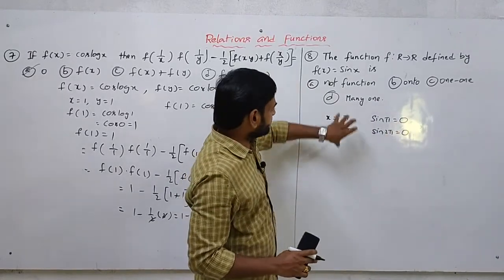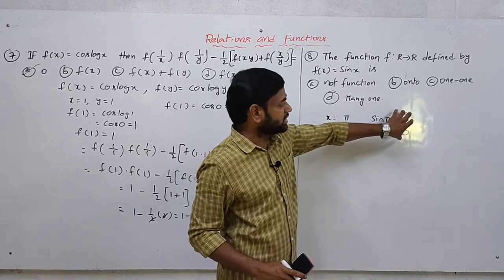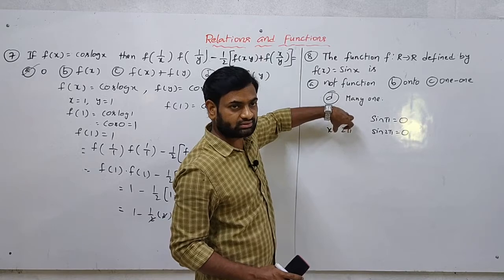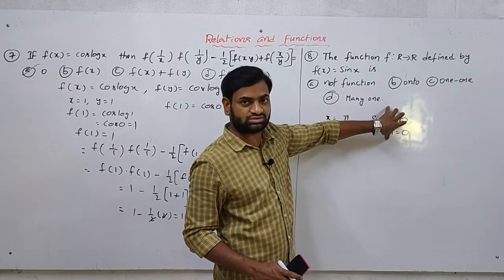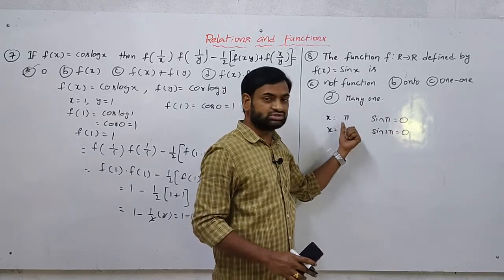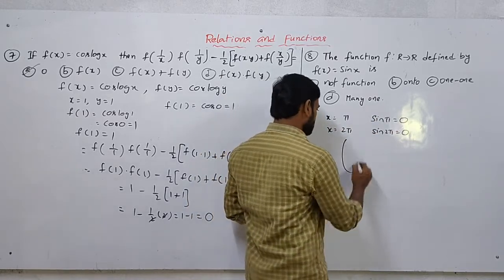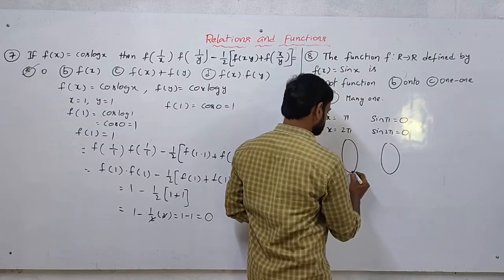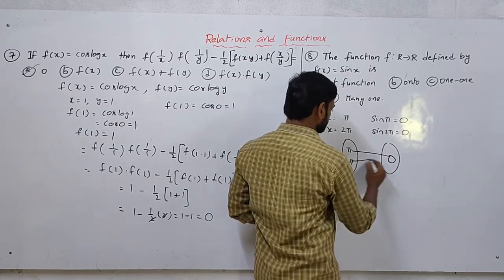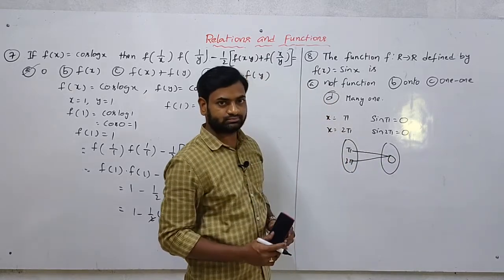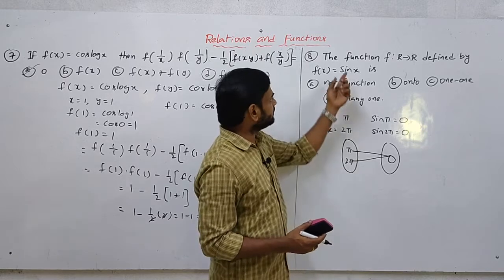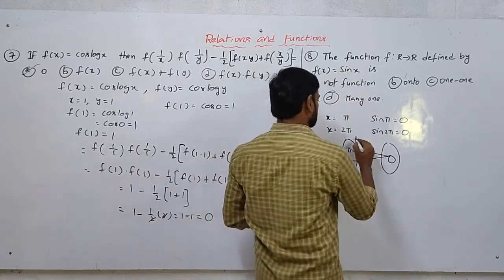That means different elements have the same image. Here x means domain, and these are the f(x) values, the images. So if you take the mapping here, pi and 2 pi both go to 0. So what is one-one? Here the function is defined from R to R, so many elements are there.